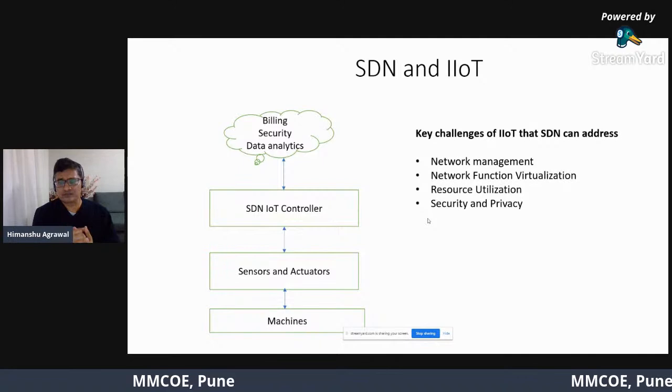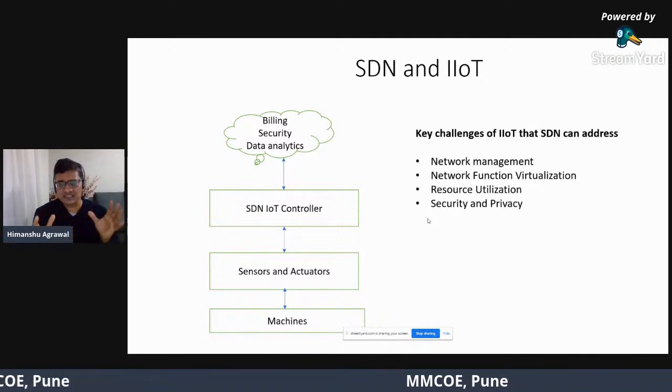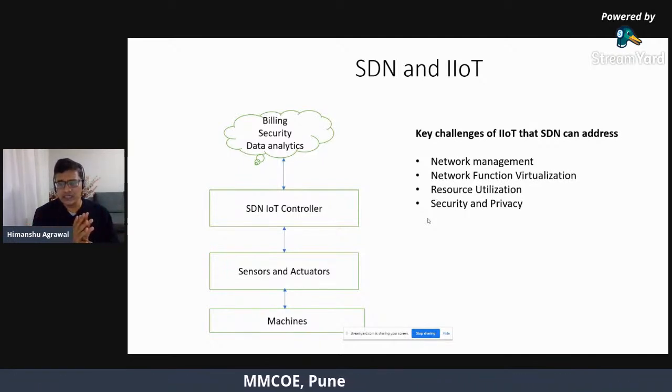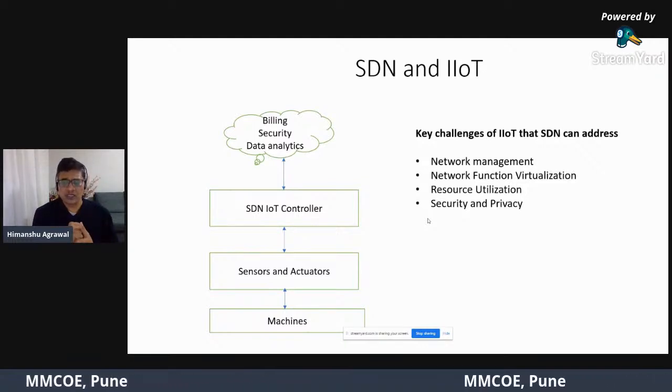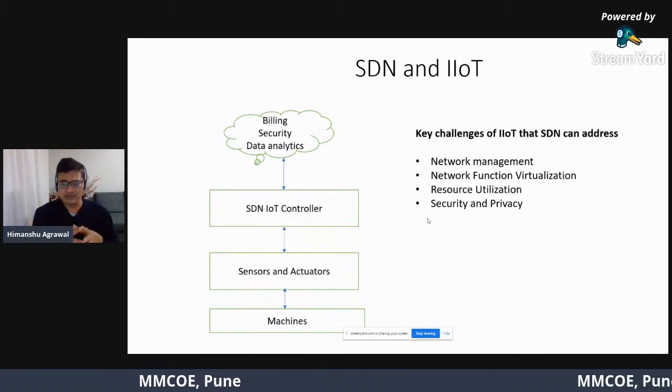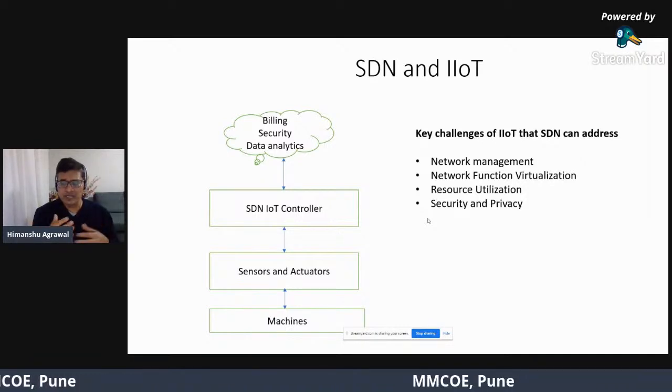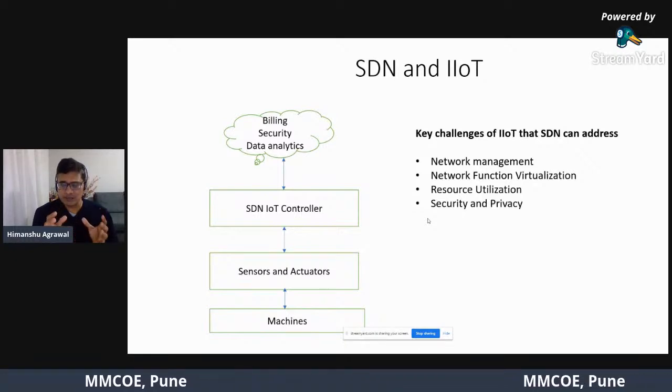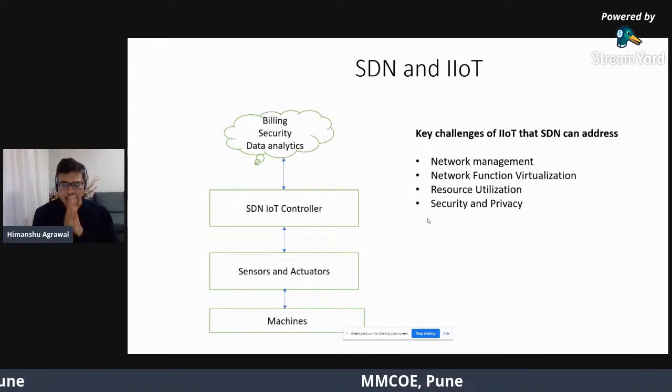Resource utilization here refers to making use of the network, right? So network performance, specifically, we are talking about resource utilization, which can be improved using SDN. Security and privacy is another important thing. Out of all these challenges, I'll pinpoint this at the moment.